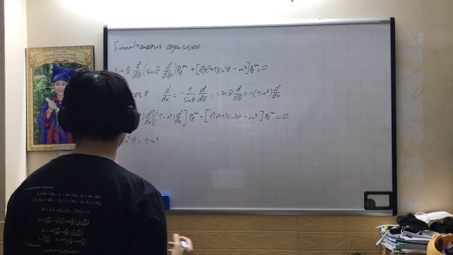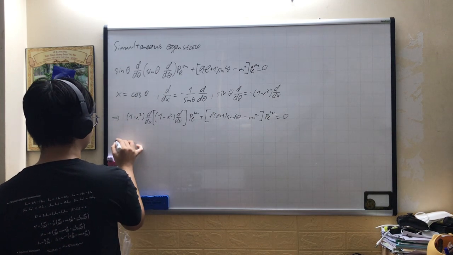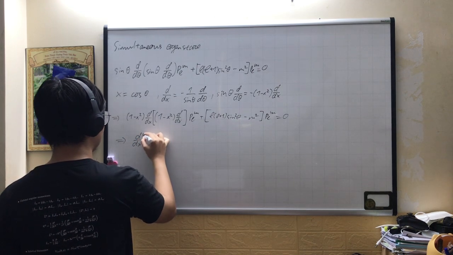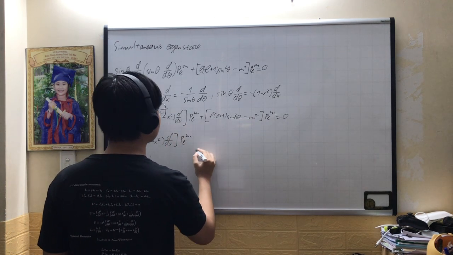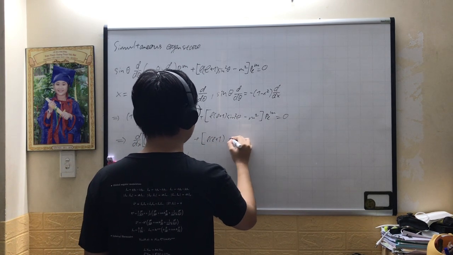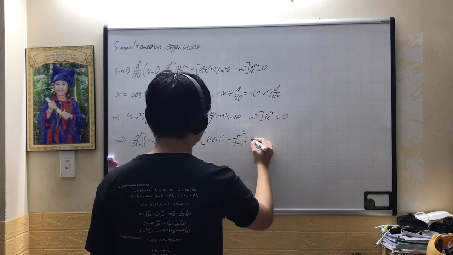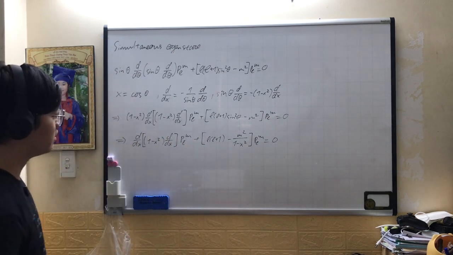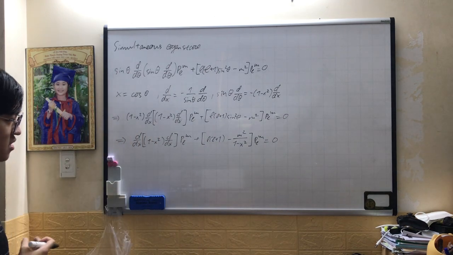So you can further shorten this to d/dx of 1 minus x squared d/dx of P_l^m, plus this guy is now just l(l+1), and this guy now has a sine squared, which I will write as 1 minus x squared, P_l^m equal to 0.